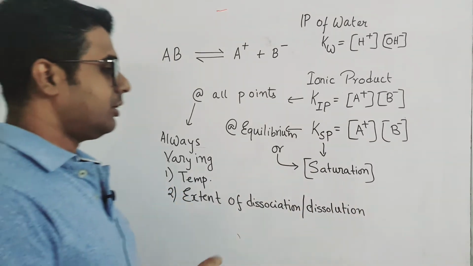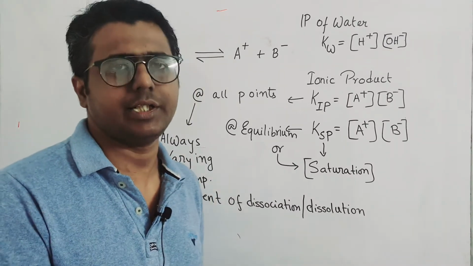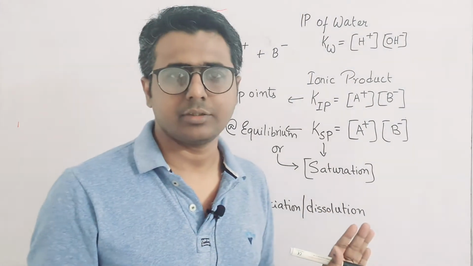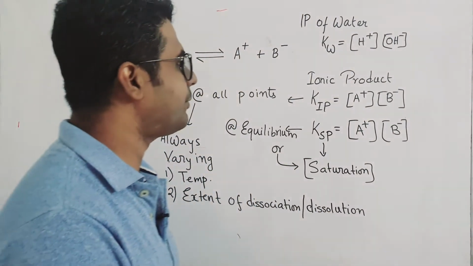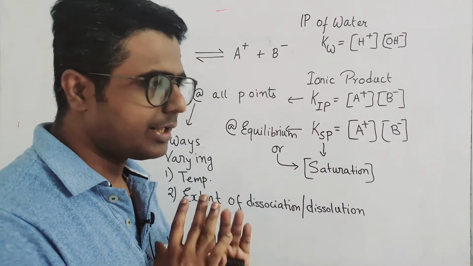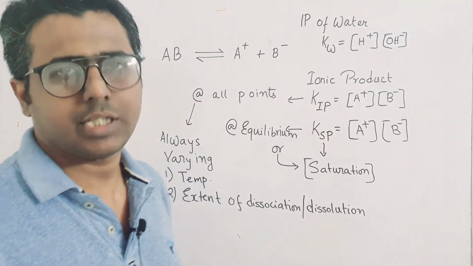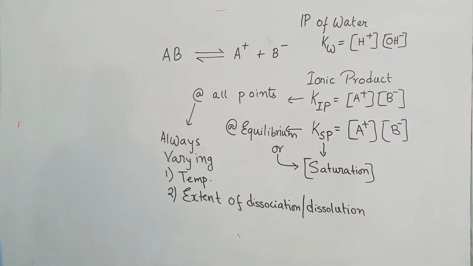How much of the salt has dissociated does not mean it has completed its saturation. It can be unsaturated, it can be supersaturated. So ionic product is just the amount of ions present in the solution, regardless of whether it is at equilibrium or not. Clear? So now we are going to compare these two. Suppose there is a scenario.